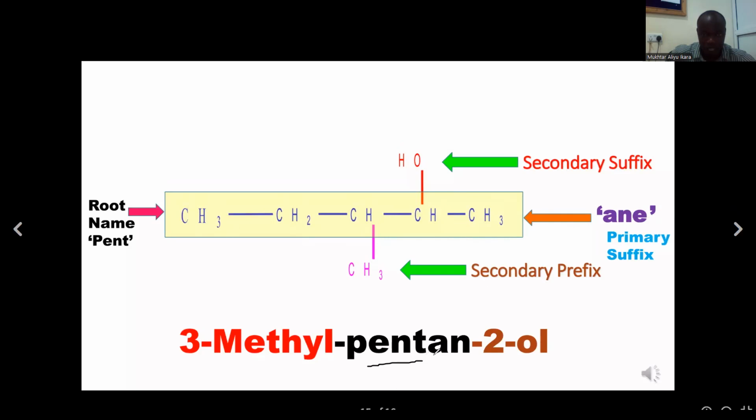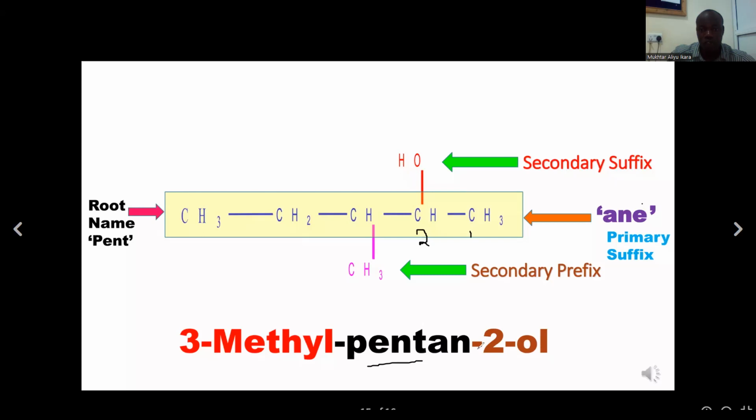So that is why we have AN here. And the E here will be replaced with the functional group that has the highest priority. And the functional group with the highest priority is OH, which is alkanol. So the OH group will be given higher priority. But remember, the position of the alkanol here is at carbon 2.